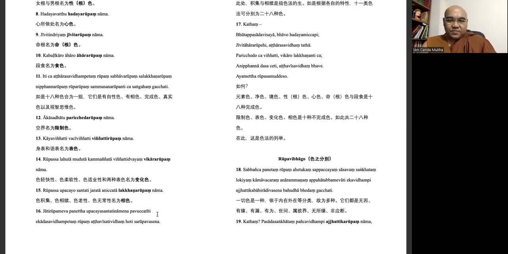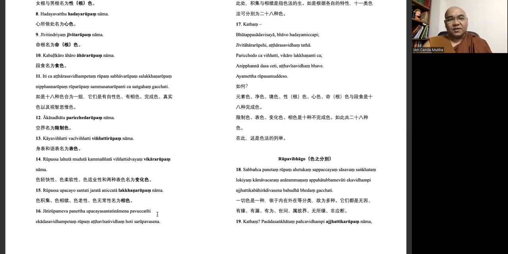So in brief, Rupa is 1. And if we divide the Rupa into 2, then we remember Mahabhuta and Upada Rupa, great elements and derivatives.